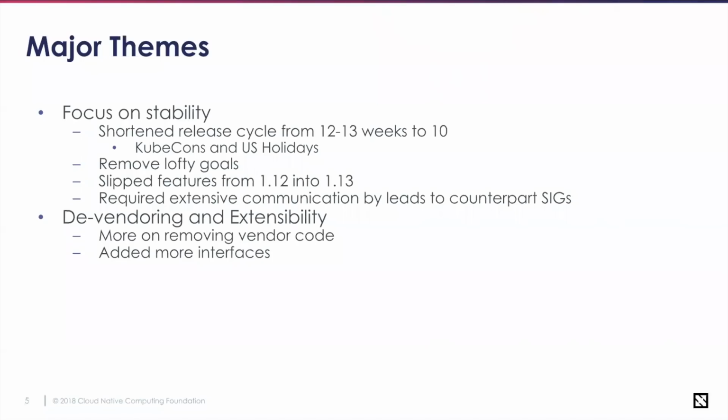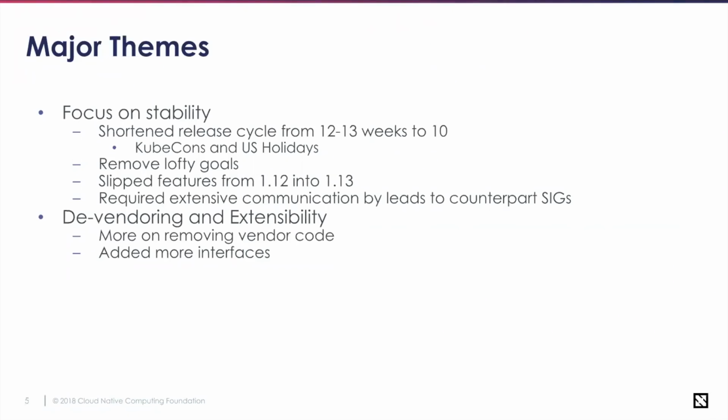This also did require extensive communication, coming from the release leads and going into each of the individual SIGs themselves and having a dialogue of saying this is what to expect and this is what's going to happen. At the same time, we looked at what features or enhancements were being developed in that particular SIG and what the status was.